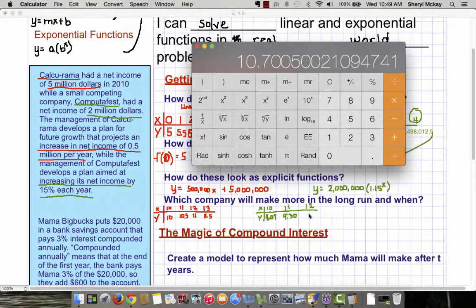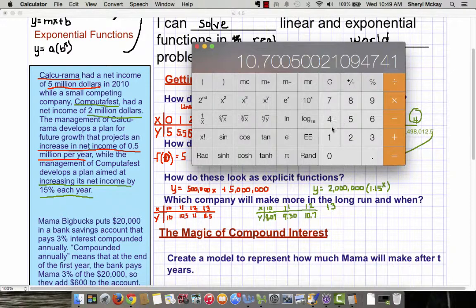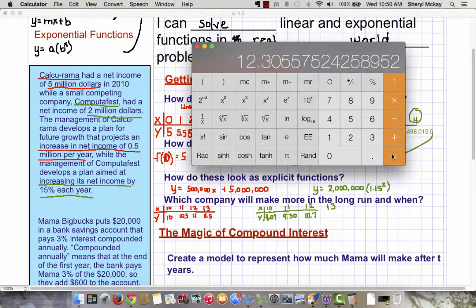Okay, so I'm slowly catching up. 10.7 million. And then let's do year 13. And multiply that times 1.15, and I get 12.3 million.